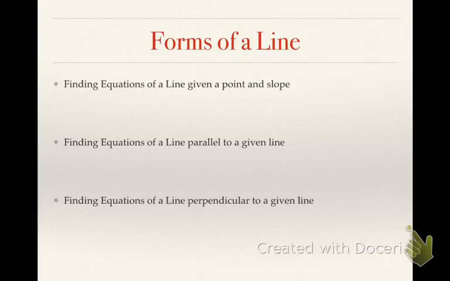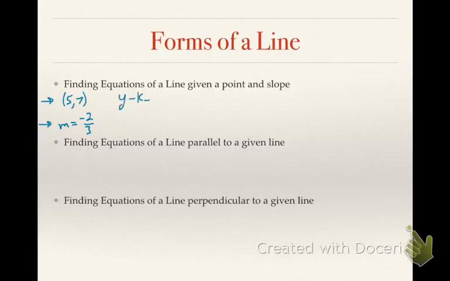There are several forms of a line, such as slope-intercept and point-slope form. Say we're given the point 5, 7 and the slope of the line is -2/3. We're going to use the point-slope form because that's what we're given, a point and a slope.